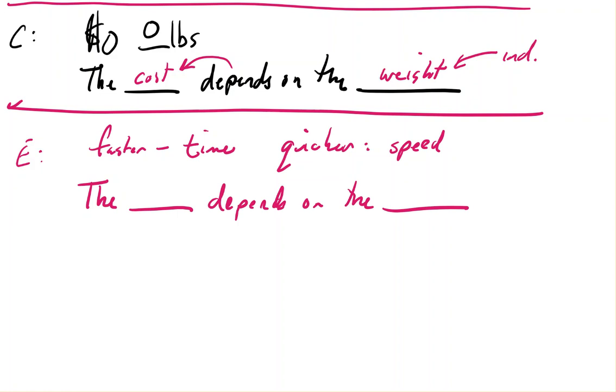The time depends on the speed. In this example, if I told you to run as fast as you can, and you don't run, you don't go anywhere, so I don't have to set the timer. That's why time depends on speed.